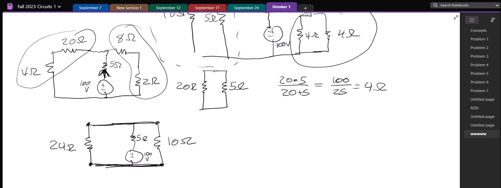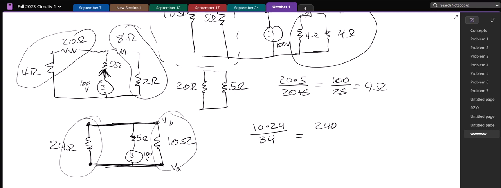This side, that's connected, no element between them. Whatever voltage this is at, say that's VA, and this is VB, these are at the same voltage. They're at the same voltage. They have to be in parallel. So I can replace this resistor and this resistor with product over sum. 10 times 24 over 34.